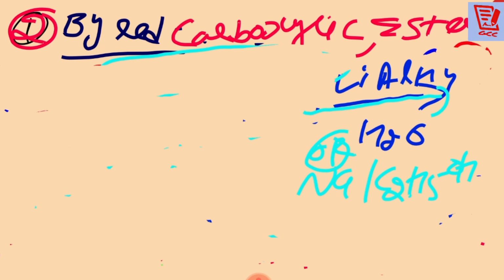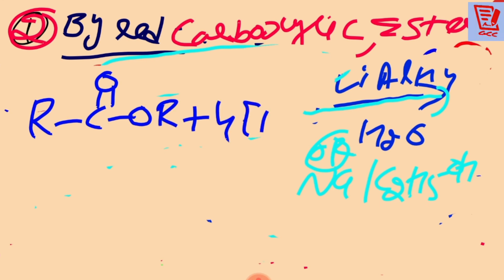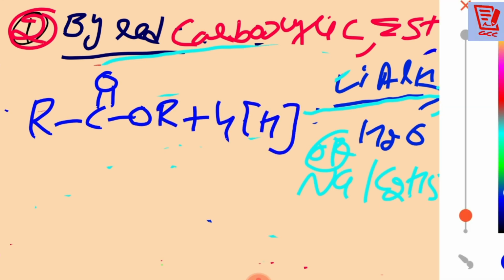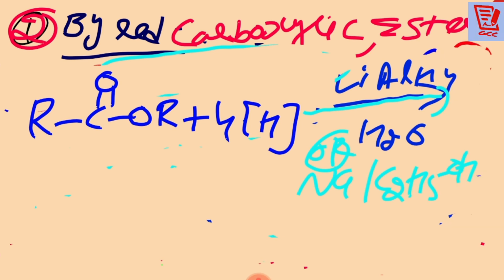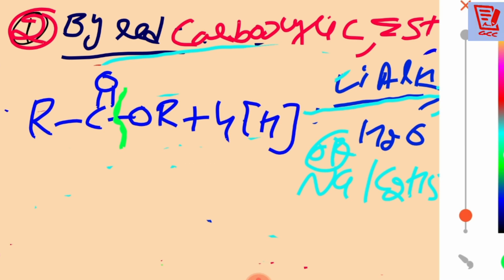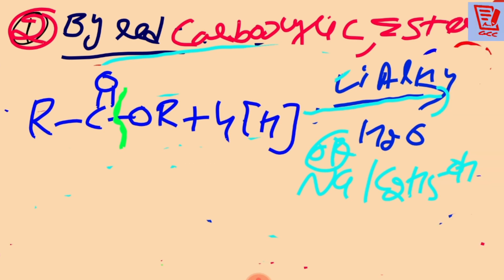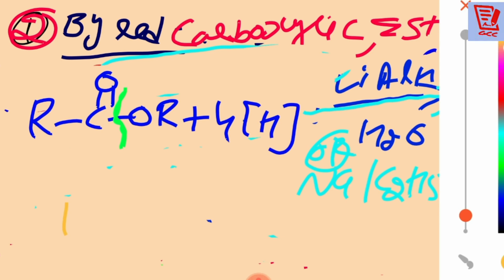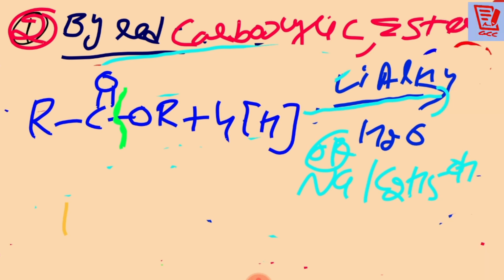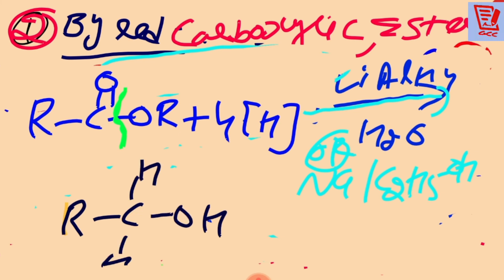Then after that, what to do there? See, here I am writing the formula of ester: RCOOR plus 4H. Now what will be the product over here? The product will be RCH2OH plus ROH.